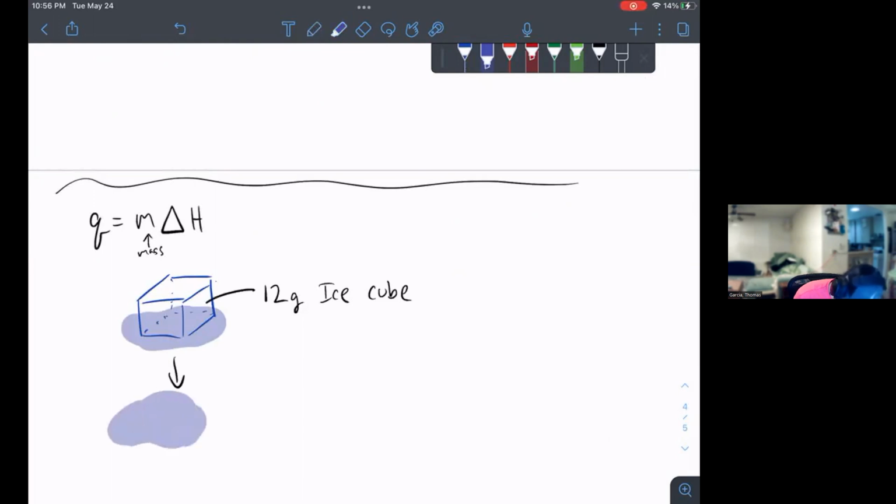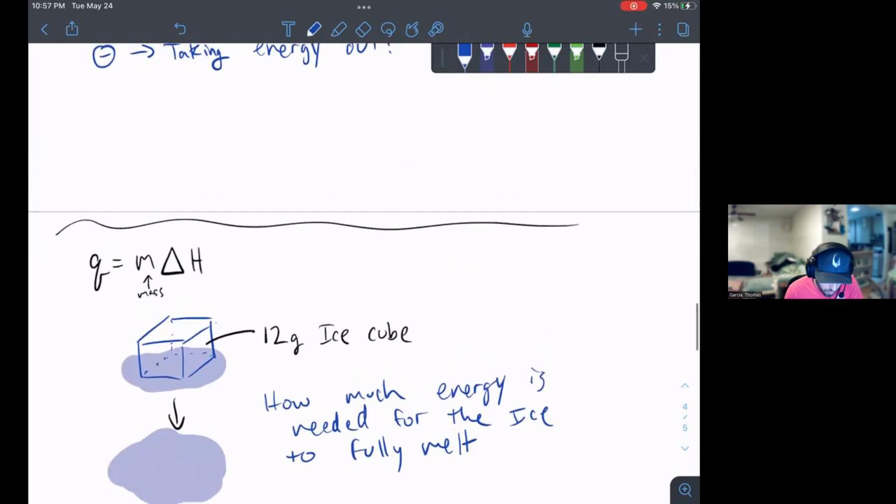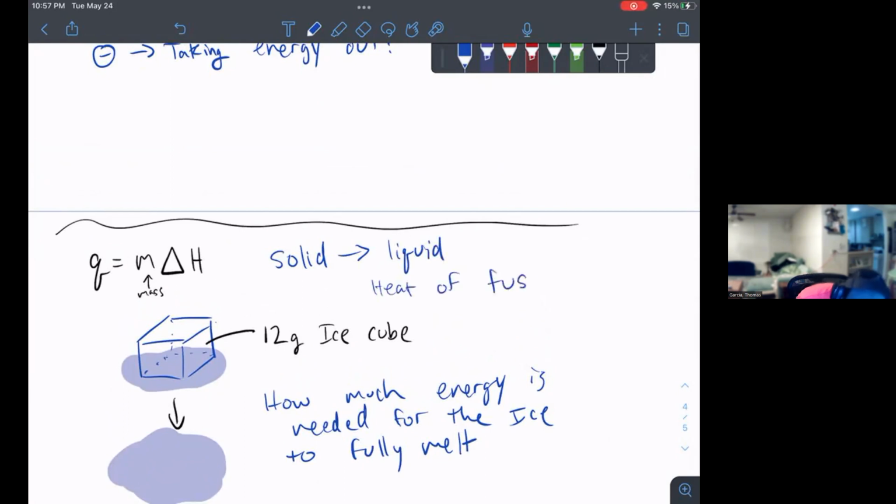So if we want just a big puddle with no ice, the question becomes, how much energy is needed for the ice to fully melt? And because we're going from solid to liquid, we're going to have to use heat of fusion.